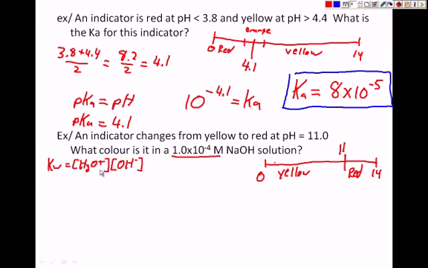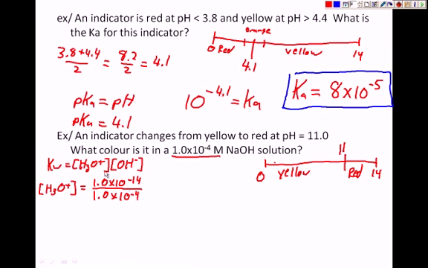I'm going to solve for the concentration of H3O+, and that's going to equal 1.0 times 10 to the minus 14, that's our Kw value, over our OH-, which is given to us, 1.0 times 10 to the minus 4. And that's what H3O+ equals.